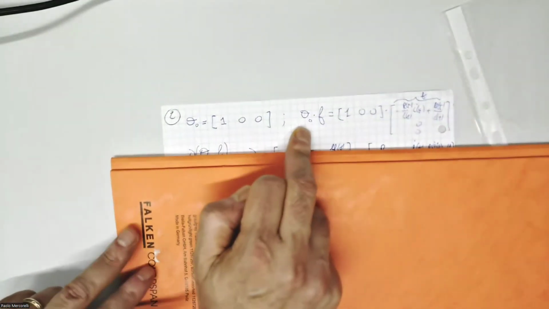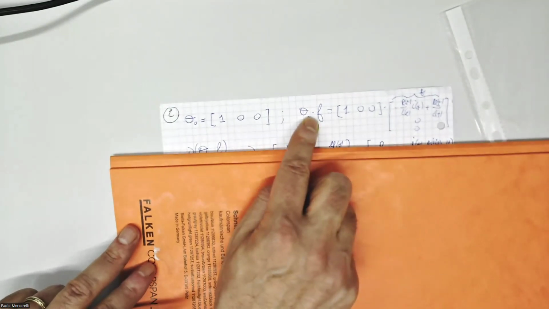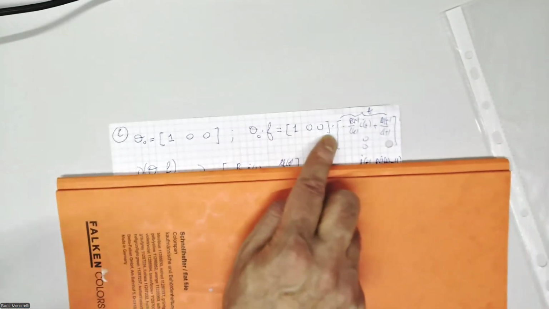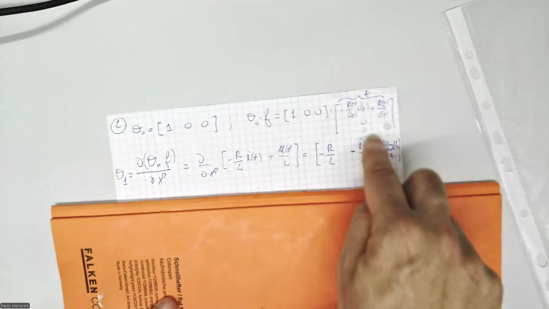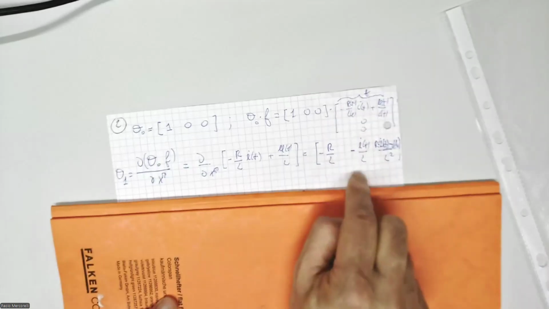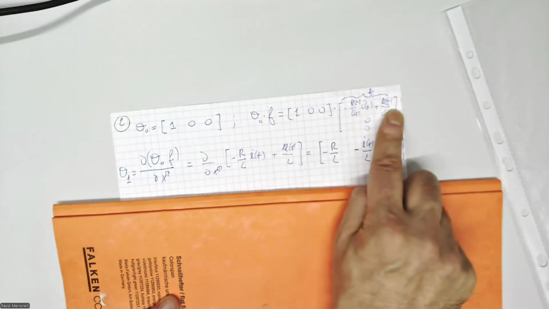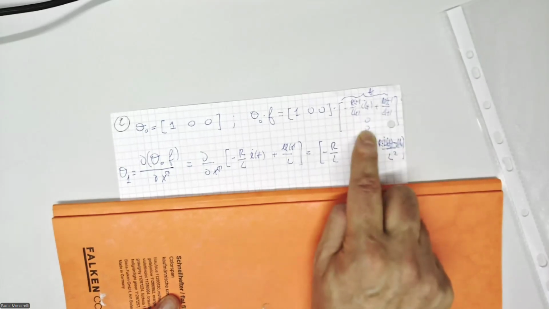Then I have to do O0 scalar F. Sometimes we don't put this dot here. O0 scalar F means 1, 0, 0 scalar this vector. Why that? Because this vector is the field F: first component, second component, and third component of what?